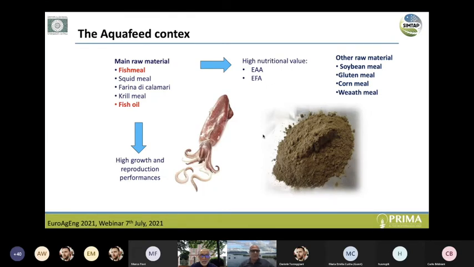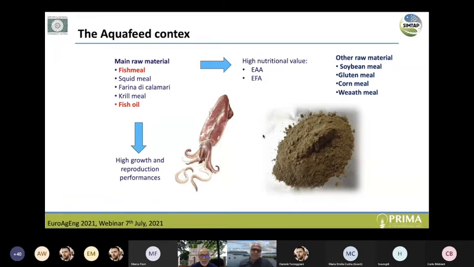The state of the art. Actually, when we think about fish nutrition, we use some raw materials, and the main ingredients of aquafeed are those you can see in this slide. Mainly we can mention fish meal, squid meal, calamari meal, krill meal, and fish oil.